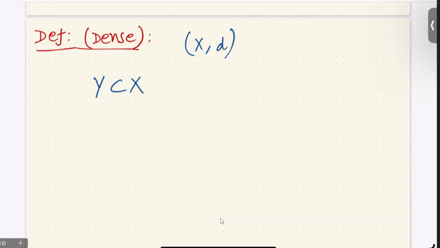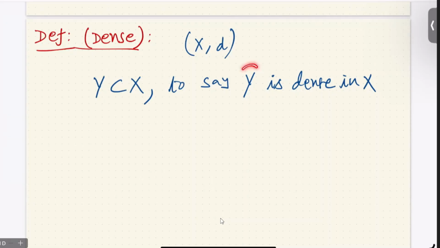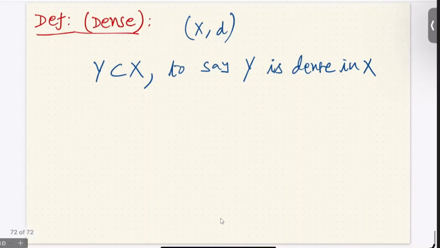To say Y is dense in X, given Y is a subset of X, what should qualify this Y? The Y should qualify the dense by the word's vocabulary.